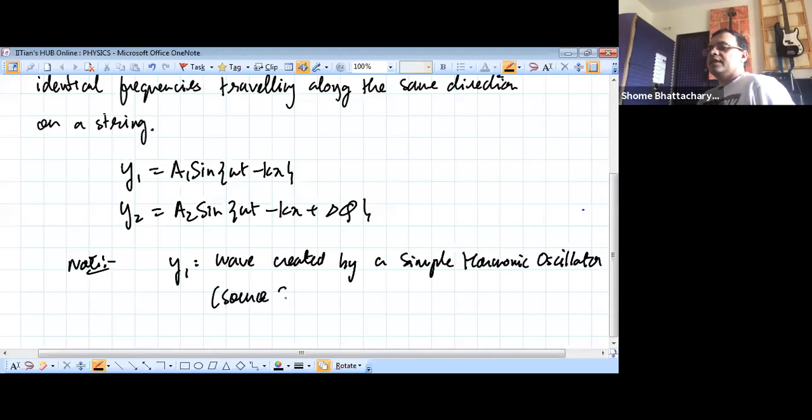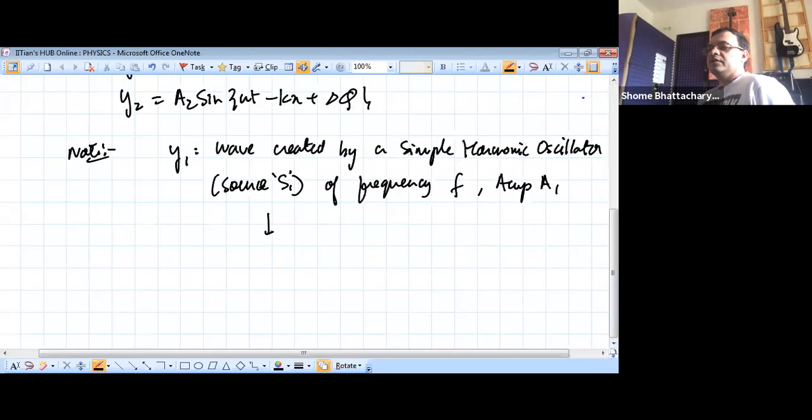So let's say it's source S1 of frequency f and amplitude A1. So the wave it creates, the wave y1 also has a frequency equal to f only, and therefore omega equal to 2 pi f.